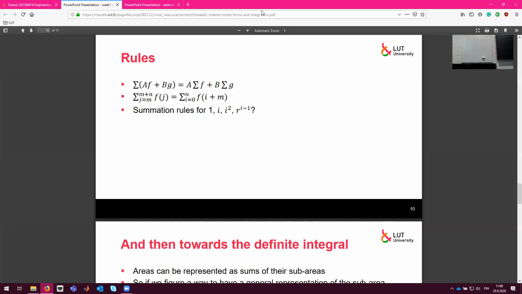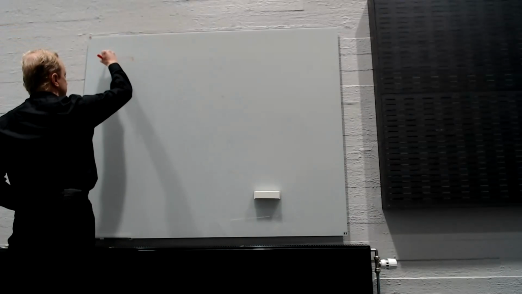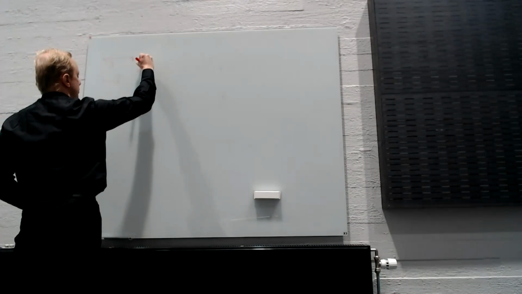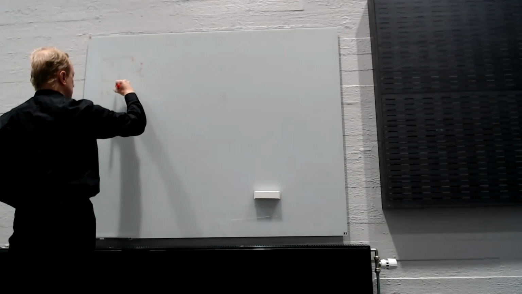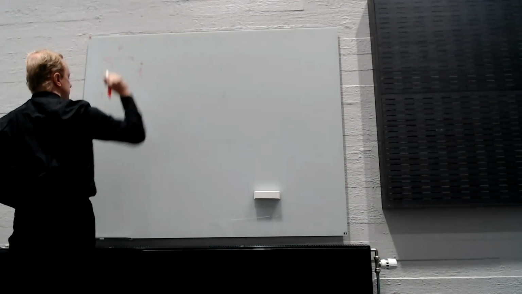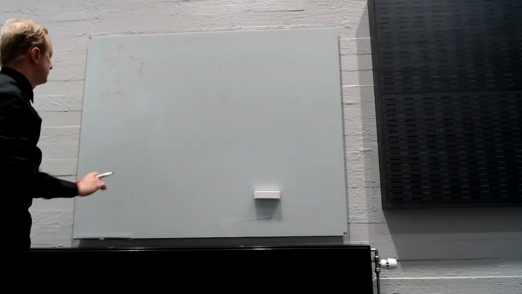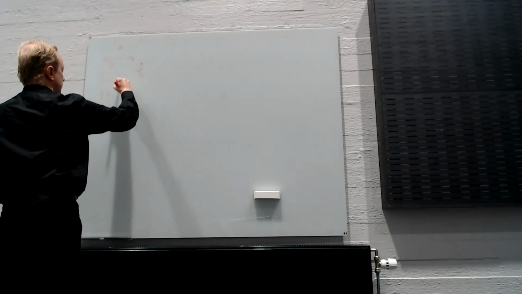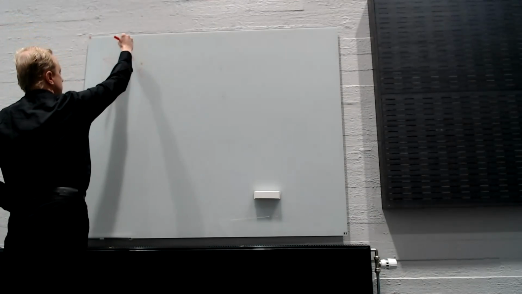Now I'm going to for a moment stop sharing my screen. So we're trying to figure out if there's a rule for taking a sum of i from i equals m to n. First thing is we start just, let's say, from 0 to 5.